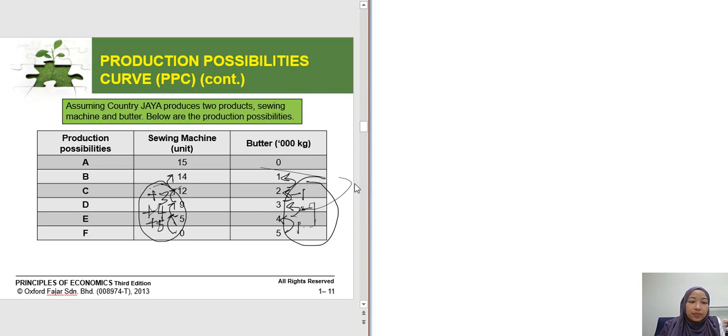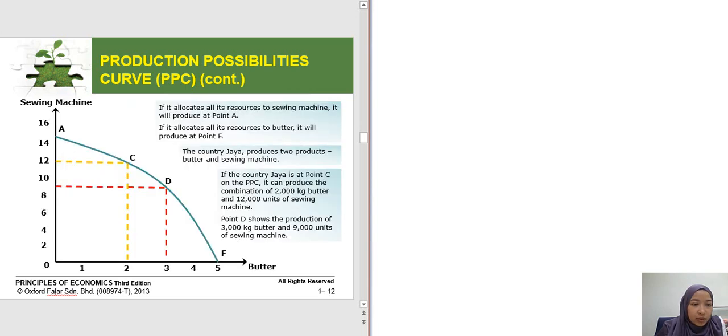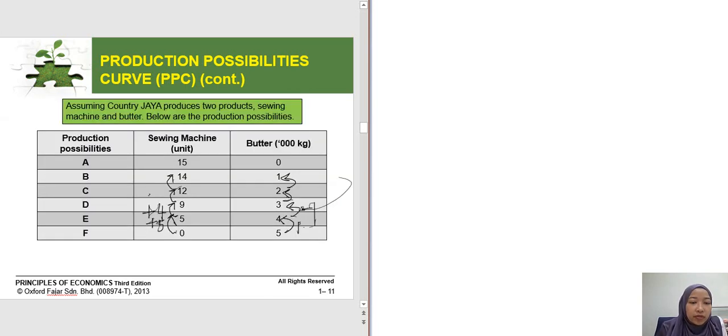So how do we illustrate this table on a graph? Right, so let's look at the graph. This is the graph that is generated from this table. Sorry, I can't get rid of this mess here.